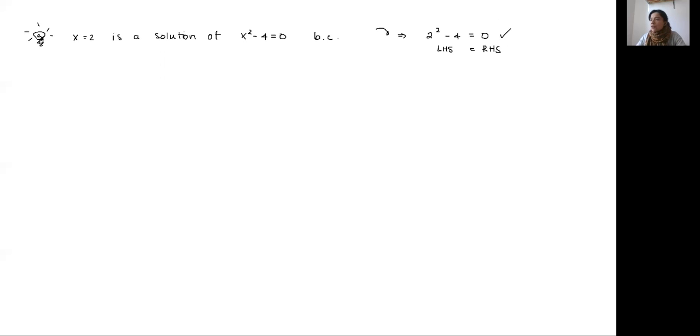So the idea for differential equations is going to be exactly the same. That means we're going to verify if something is a solution of a differential equation by trying to plug it into the equation and then seeing if the equation is still verified. Okay?